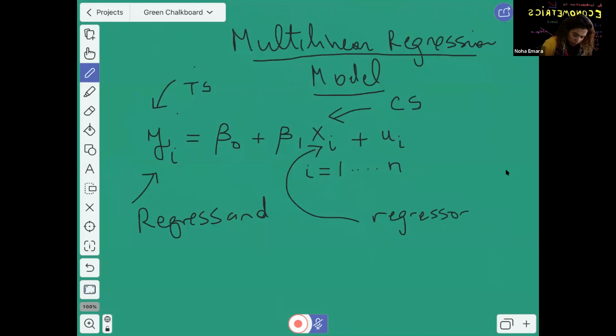So we have the regressor, or the independent variable, as you used to call it in your math course, and this is your intercept, and this is your partial slope.